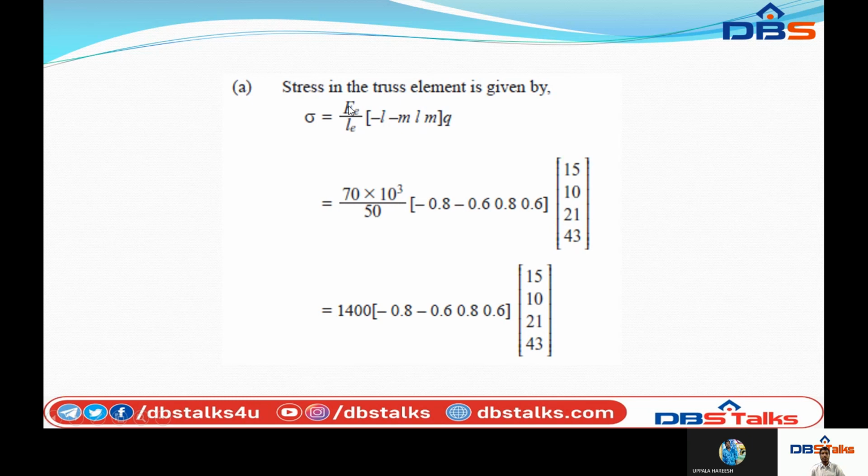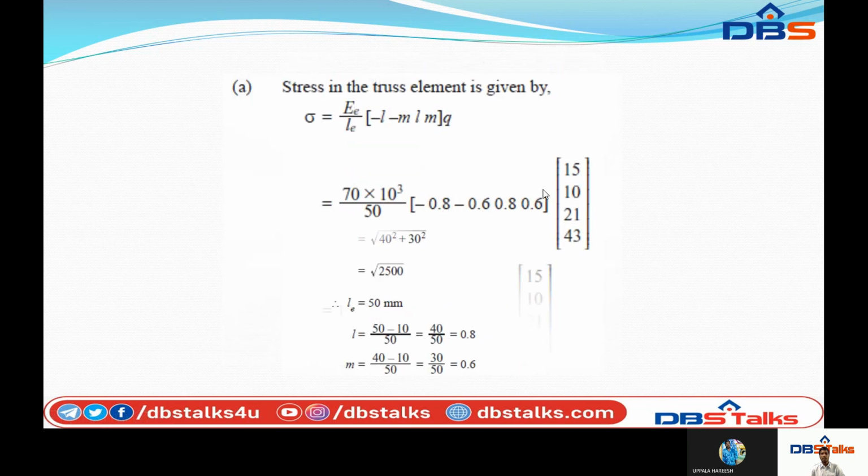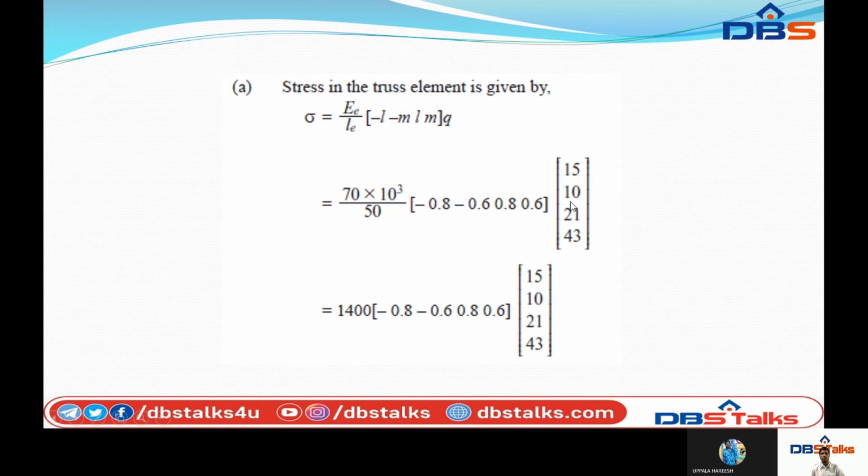First of all, we know that Young's modulus is 70 gigapascal, converting into Newton per millimeter square: 70 into 10 cube, divided by the length of the entire element, 50. l will be 0.8, m will be 0.6. After substituting the values, Q will be 15, 10, 21, 43.